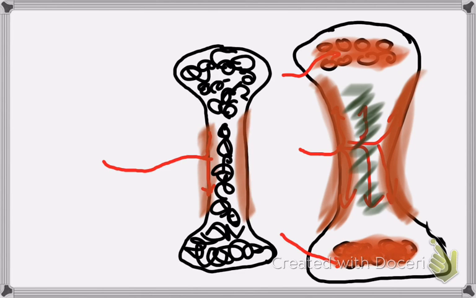So everything that's still white in my picture is cartilage. Okay? So I have bone here. I'm going to get bone forming across the marrow cavities. And I'm going to have bone forming in the epiphyses.